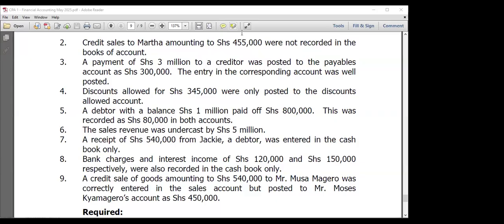And after we've corrected our errors, we prepare that suspense account to show that actually we have found the errors. And now these are the right entries. The sales were this much, bank was this much. And the money is completely out.